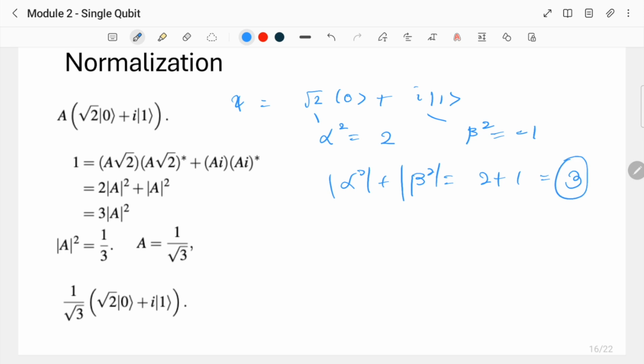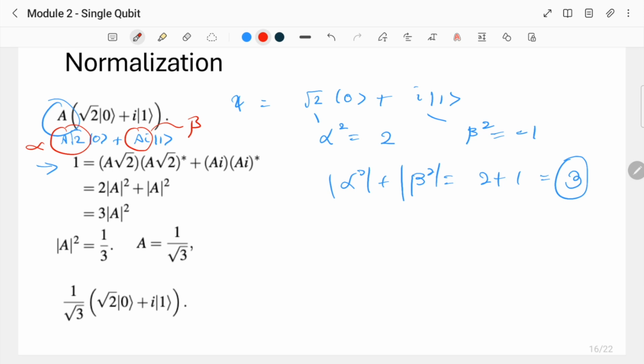So we try to normalize it. We add this normalization factor a and we multiply it as follows. So now our state is a root 2 |0> plus a iota |1>. This is our alpha and this is our beta.